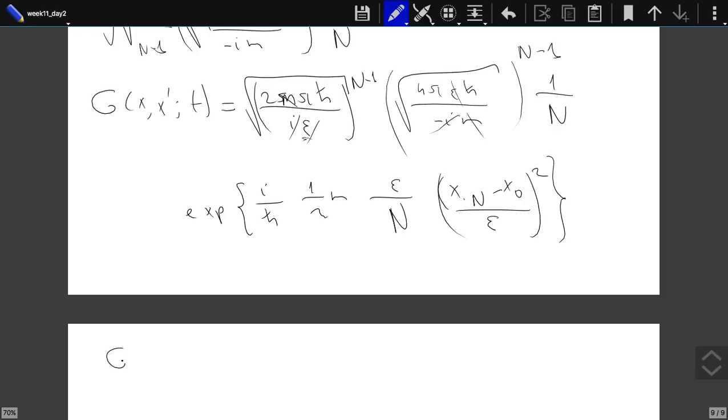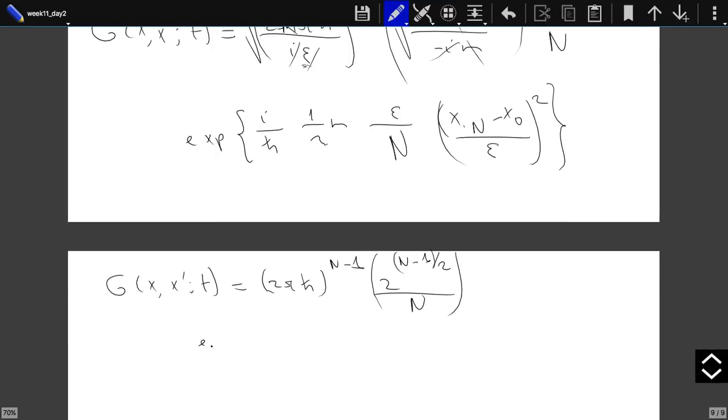So G of x, x prime, and t is equal to, well, here I have a factor of 2 pi h bar to the power n minus 1. Then we have 2 to the power n minus 1 over 2, divided by n, times the exponent i over h bar, 1 over 2m, 1 over n epsilon, x minus x prime squared.